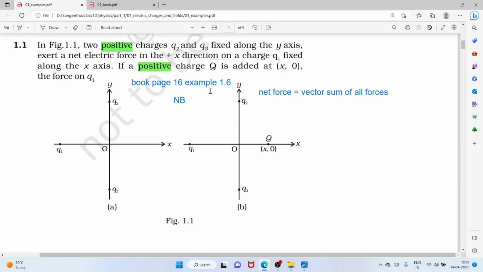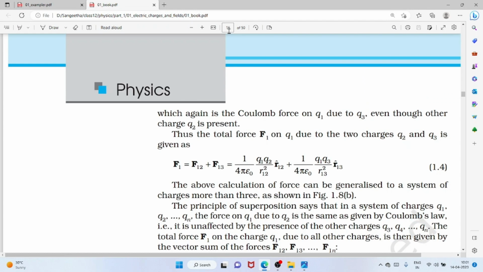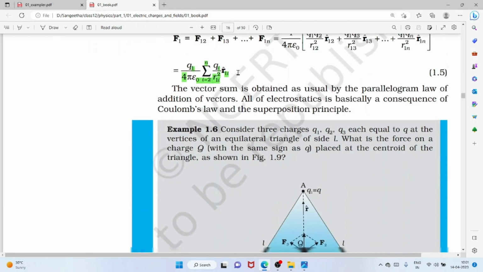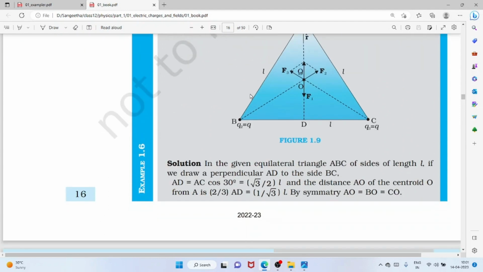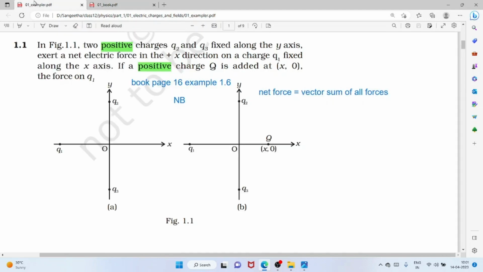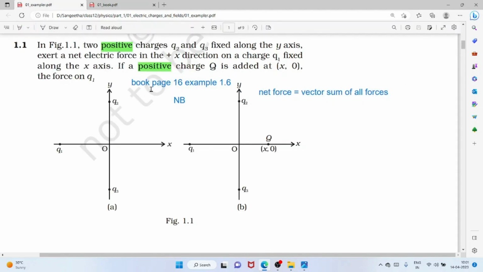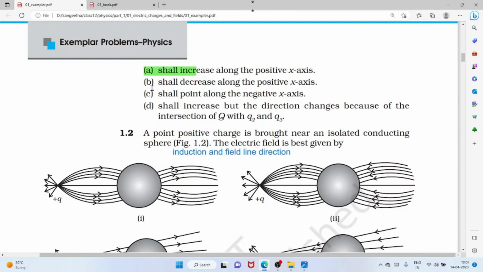There is a sample in the book also. You can go through how they gave this resultant force direction, the vector coordinate. So it increases along the positive x direction.